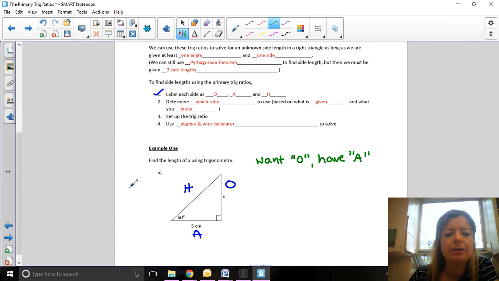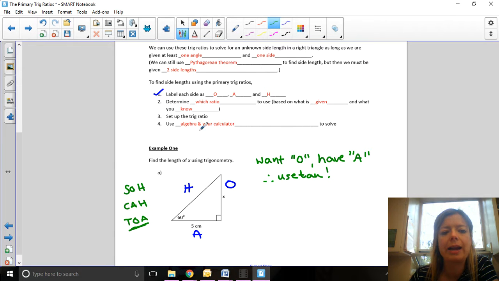Well, it's tan. If you're not sure, just have SOHCAHTOA written on the side to remind yourself. So which of these ratios has O and A? It's tan. So therefore I want to use tan since I have A and I want O. So that's step 2.